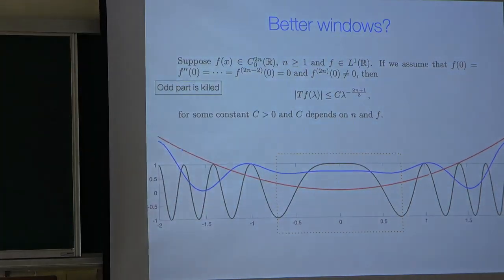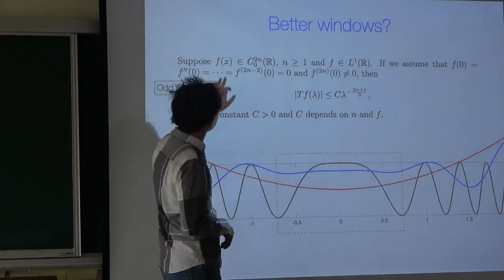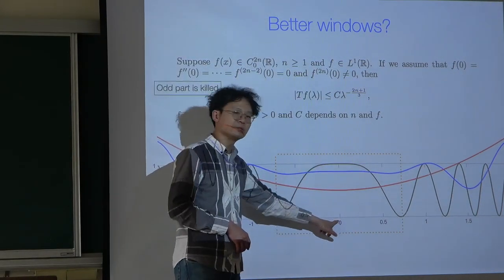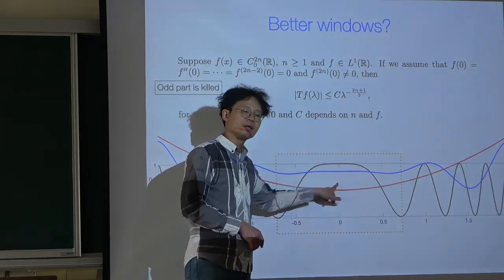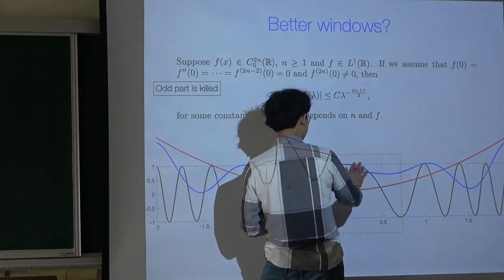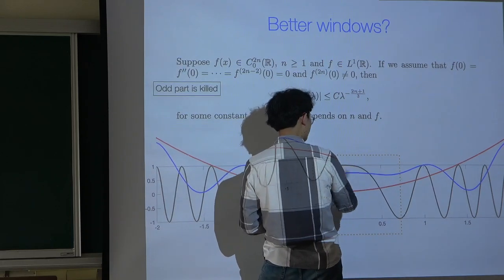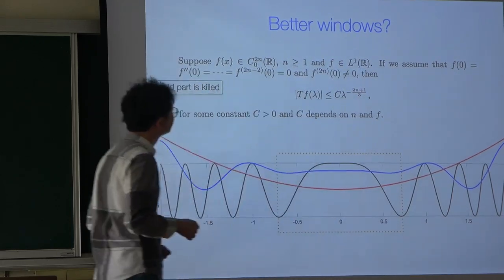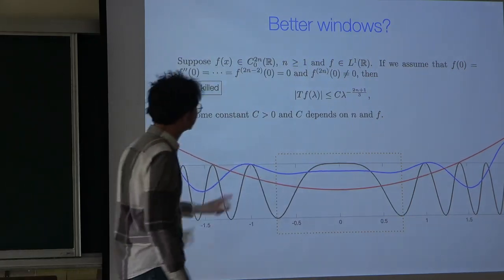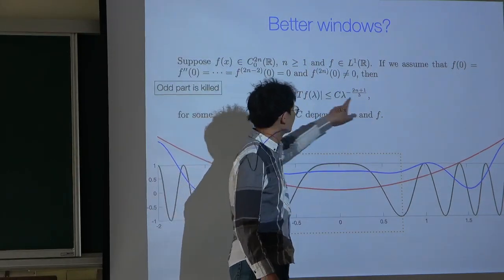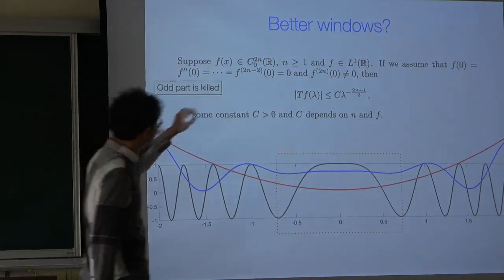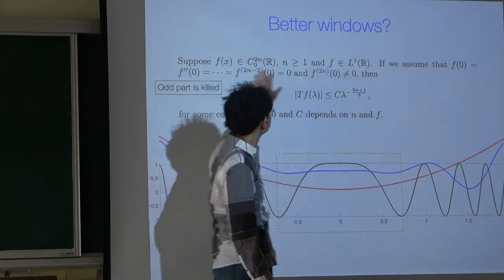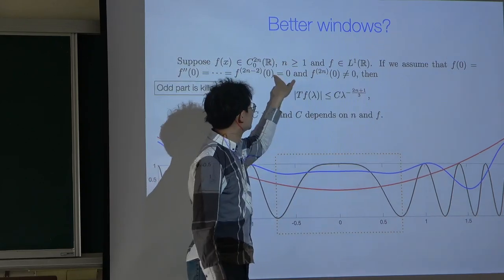So what we found was, suppose you have a function that is 0 at time 0, or you choose a window that is 0 at 0, then you can somehow cancel the chirp signal at time 0. And in this case, you will see that the Chirplet transform will decay much faster. And there are certainly some conditions you can put about the function at 0 point.